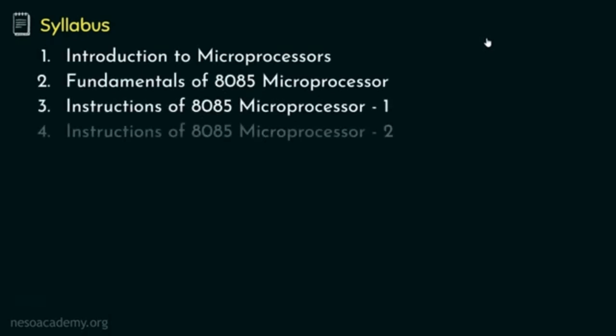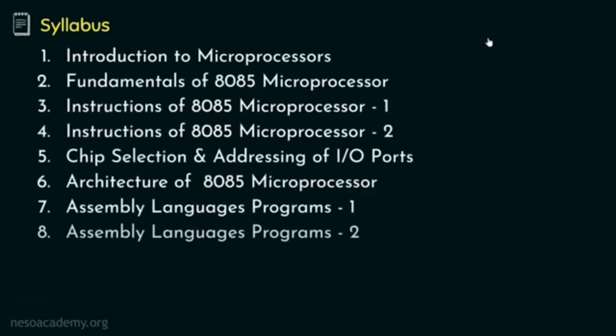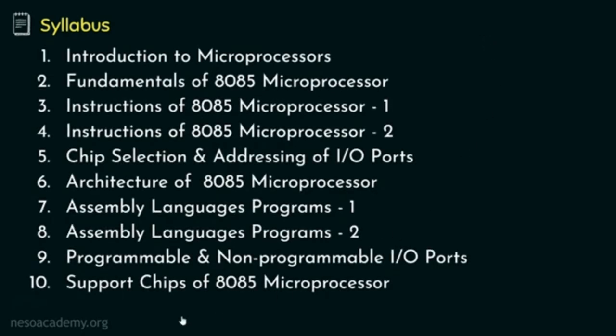Now in the previous session, we also talked about the syllabus, and there we saw we have got 10 different chapters in our syllabus. Specifically in chapter 10, which we have named Support Chips of Microprocessor 8085, we are going to talk about the microcontroller for 8085, that is the 8051 microcontroller.